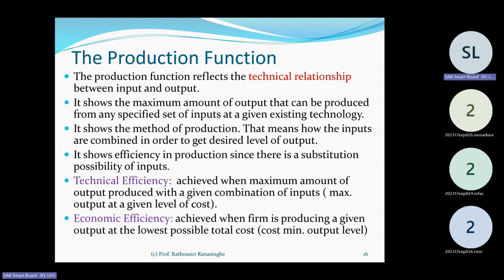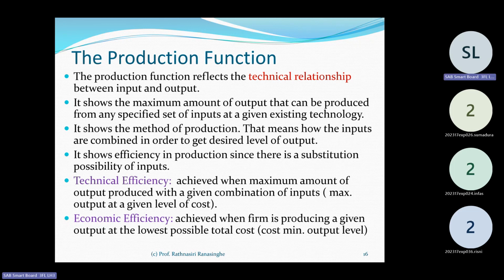So, for the production function, there is technical efficiency and economic efficiency. Why do we need to talk about efficiency?